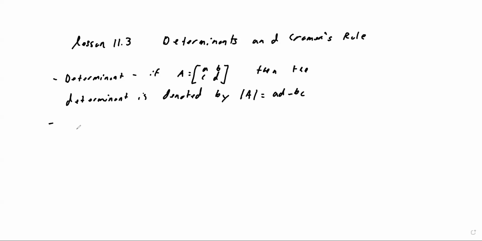All right. There are also minors and cofactors that we can use. What these do is make finding the determinant of a 3 by 3 or greater a lot easier. So that's why we talk about minors and the cofactors.